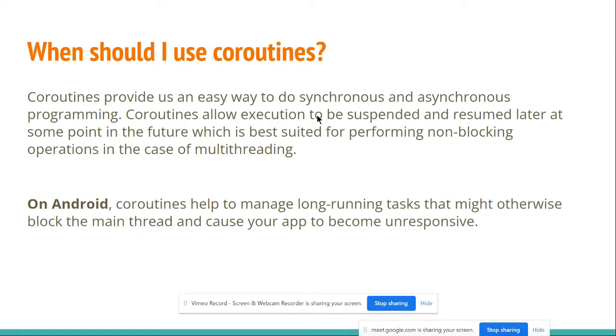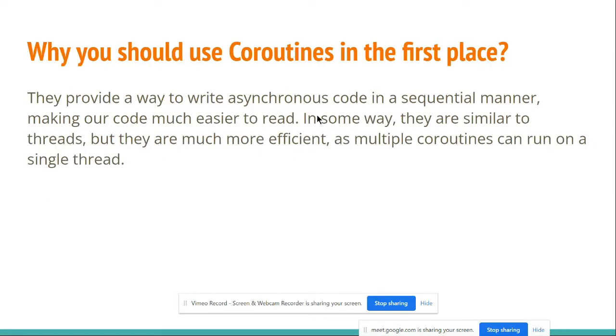To overcome that, and we were also using RxJava. Now coroutines are introduced by Kotlin for long running tasks, long running processes that we cannot run on our main thread. So that is why we use coroutines in the first place.